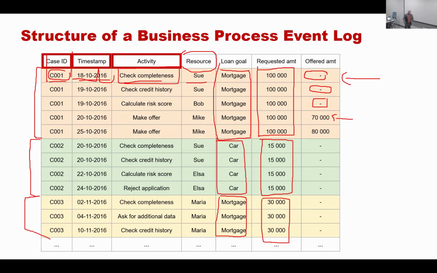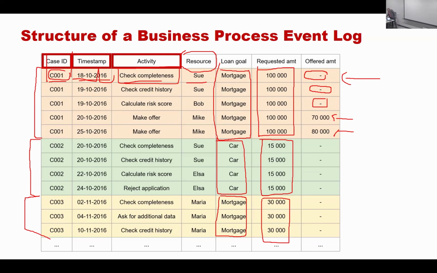Maybe you make it with a higher interest rate, but can you match the 80,000? And let's say the bank comes back and says, okay, we make you an offer of 80,000 if you give us a second collateral, for example. So the offered amount changed from nothing to 70,000 and then to 80,000 during the execution of one case. So we will say that this is an event attribute.